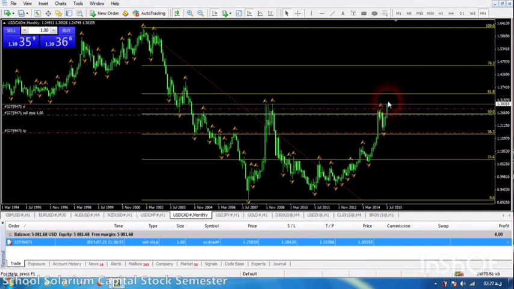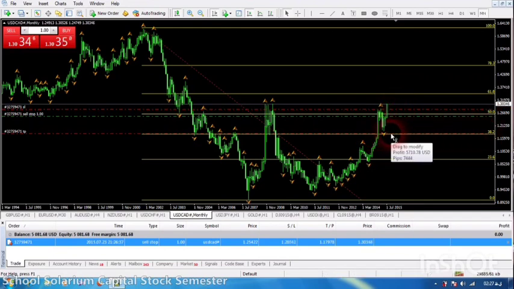So when the price is not able to go further than that, and when the price goes below my 50 level, a sell order will be opened, and my take profit is my 38 level.